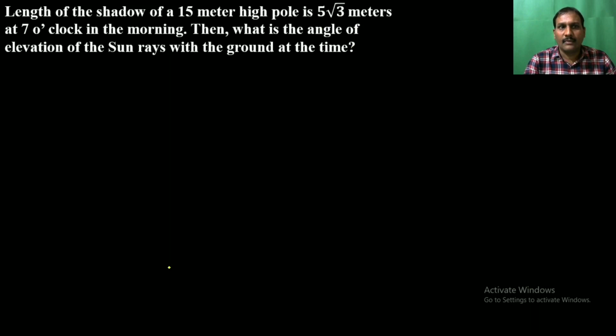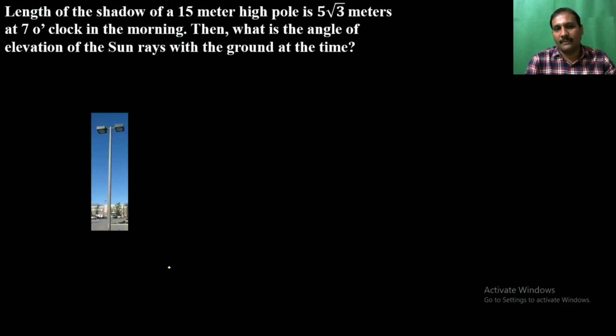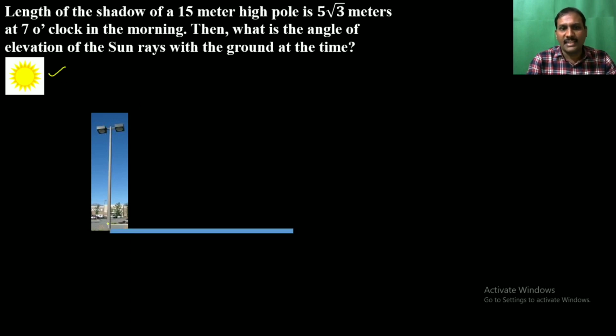Okay. Next. Length of the shadow of a 15 meters high pole is 5 root 3 meters at 7 o'clock in the morning. Then what is the angle of elevation of the sun rays with the ground at that time? So this is a pole, let us say. So here is the sun, here is the pole, and this is its shadow.